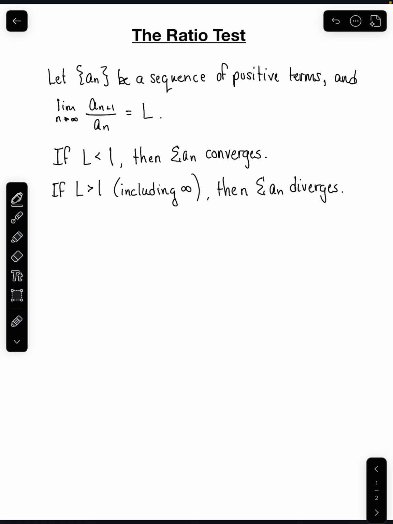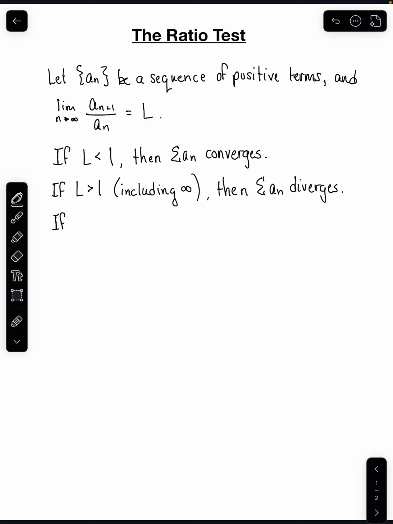The only way for the ratio to be bigger than 1, or the limit to be bigger than 1, is if each new ratio is actually bigger than the previous one, which means that the amount that the terms are shrinking by is not as much as the one before it. They're just not shrinking fast enough anymore.